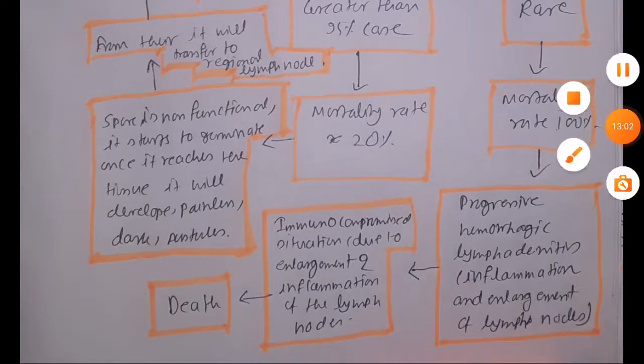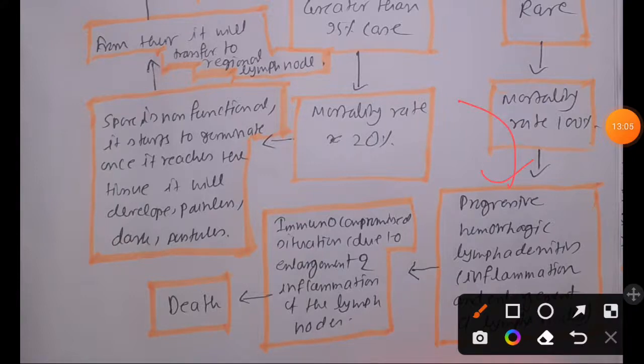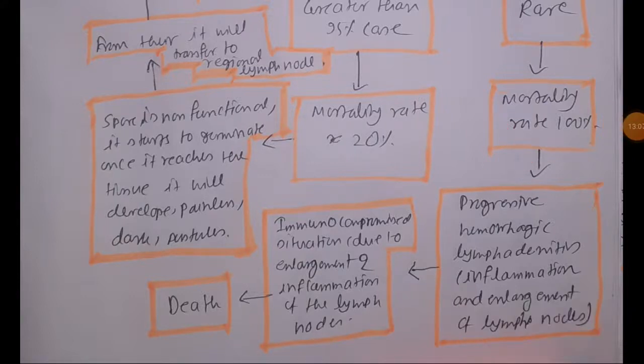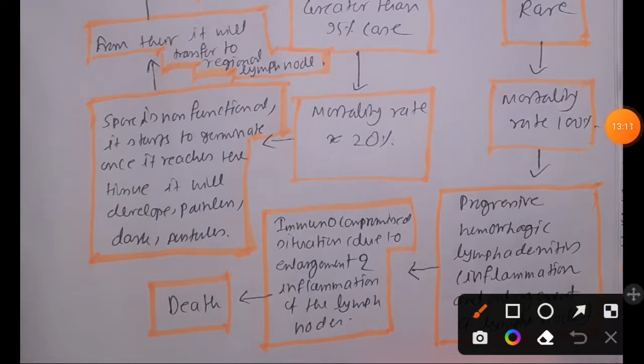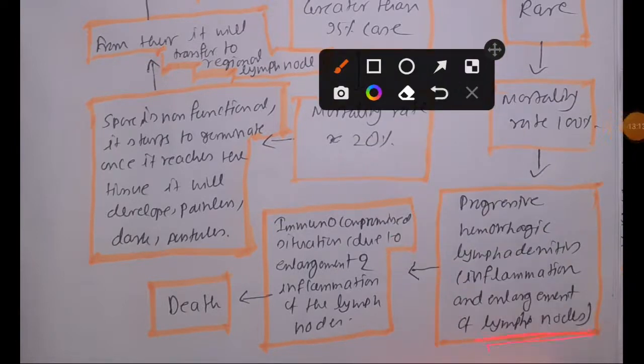It causes progressive hemorrhagic lymphadenitis, that is inflammation and enlargement of the lymph node. That will create an immunocompromised situation, which also facilitates the emergence of various opportunistic infections. Together they ensure the death of the individual.